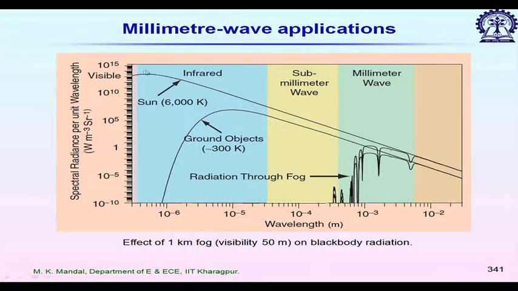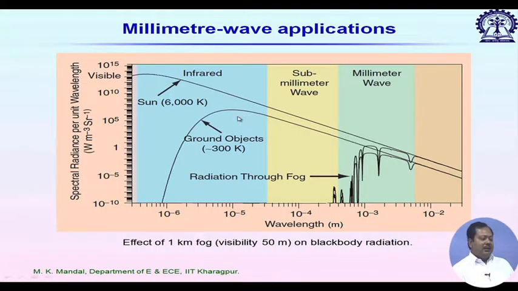It peaks in the visible wavelength, and the peak appears at the yellow line. If we keep on increasing the frequency for this black body, radiation decreases. Now let us consider a second scenario where the black body temperature is 300 Kelvin, quite low.